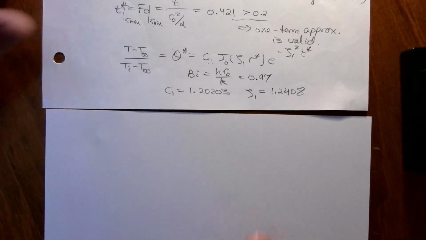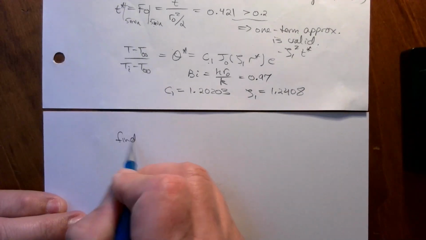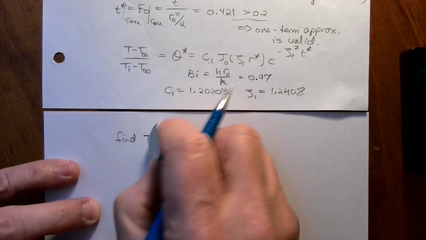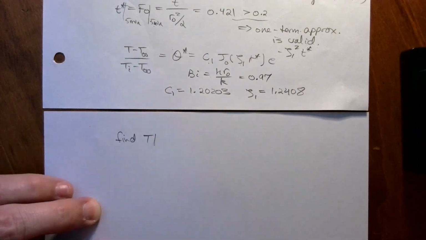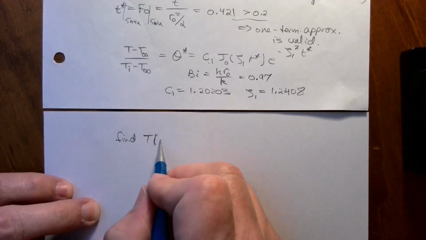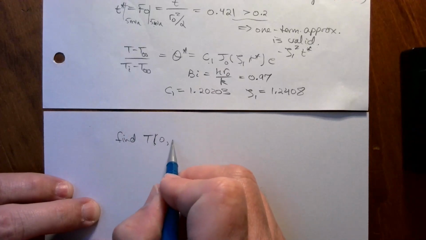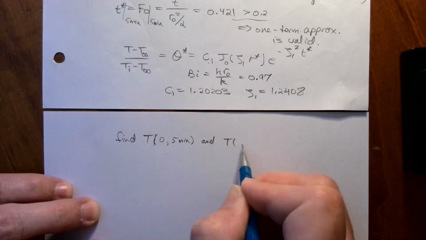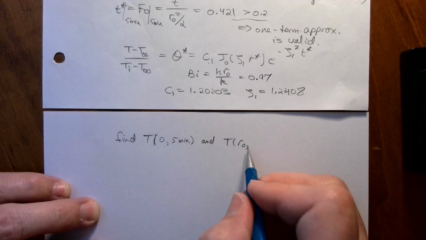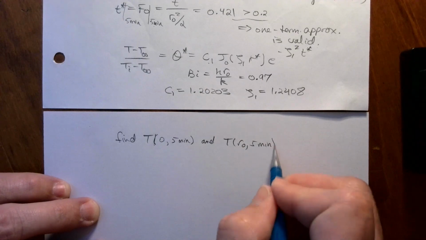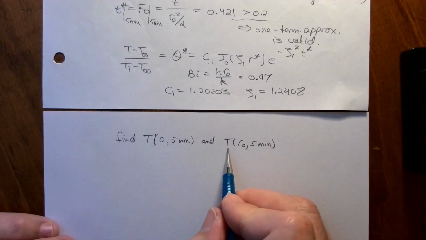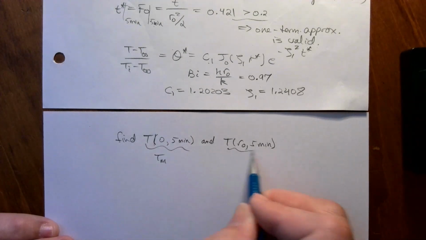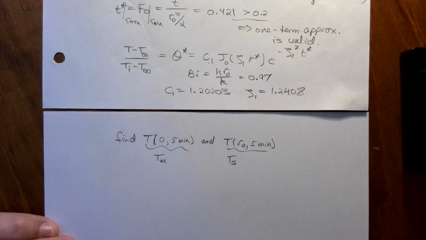So now finally the question is we need to find T at r equals 0, time is 5 minutes, and then again T at r naught, the time is 5 minutes. So this is the surface temperature, this is the midplane temperature. We might call that Tm and call that T surface.